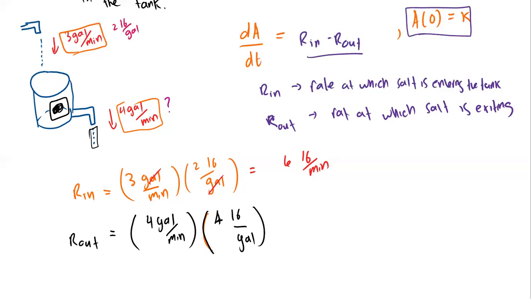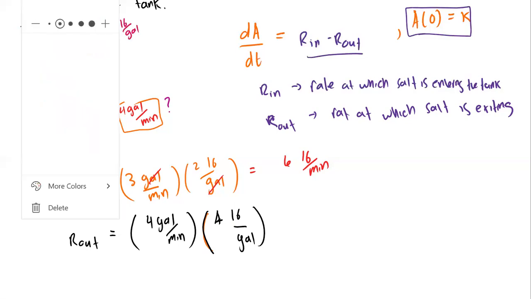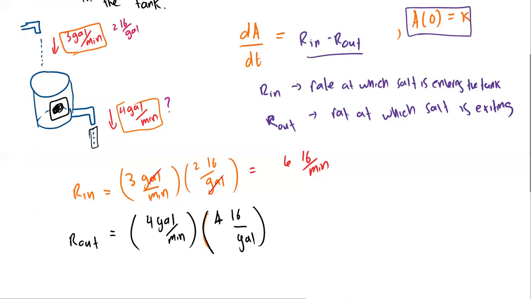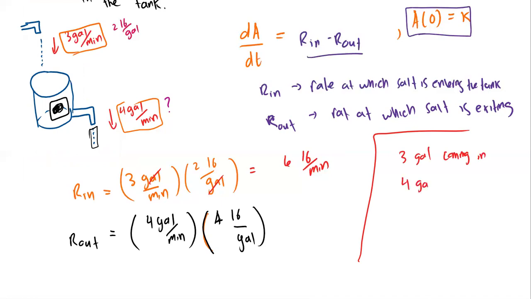But based on how many gallons? So how many gallons of brine solution are in the tank at a given time T? Well, it's actually something that we can calculate. So just in terms of the brine solution, there's this solution coming in at a rate of 3 gallons per minute, and it's going out at a rate of 4 gallons per minute.